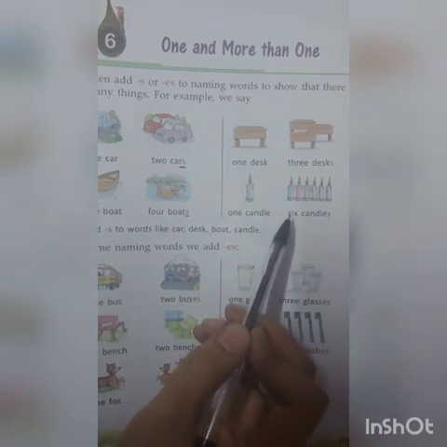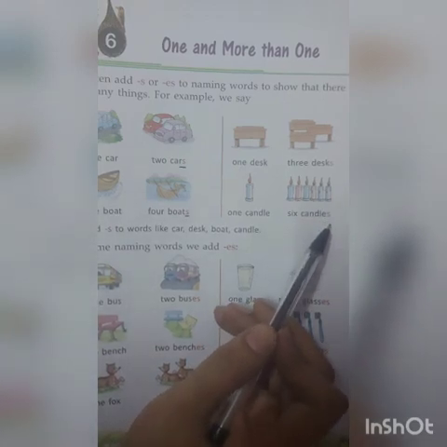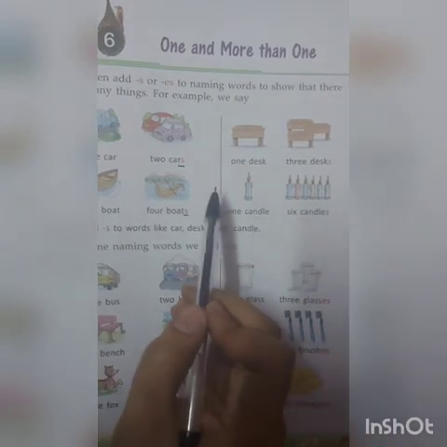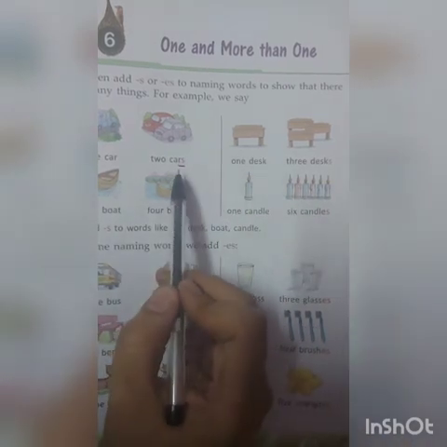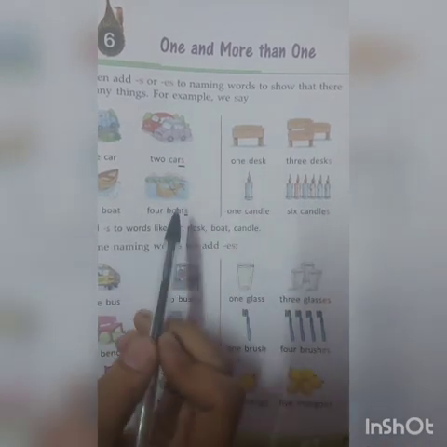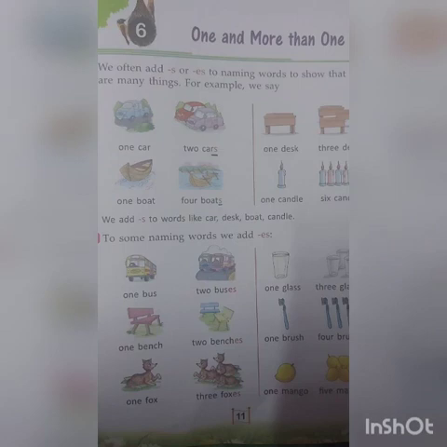So there are 6 candles. So to show that there are many things, we add S to the naming words. So by adding S, we are showing that they are more than one.